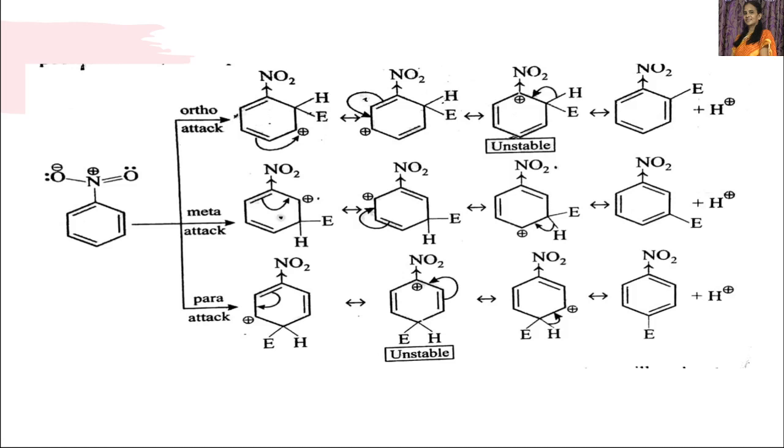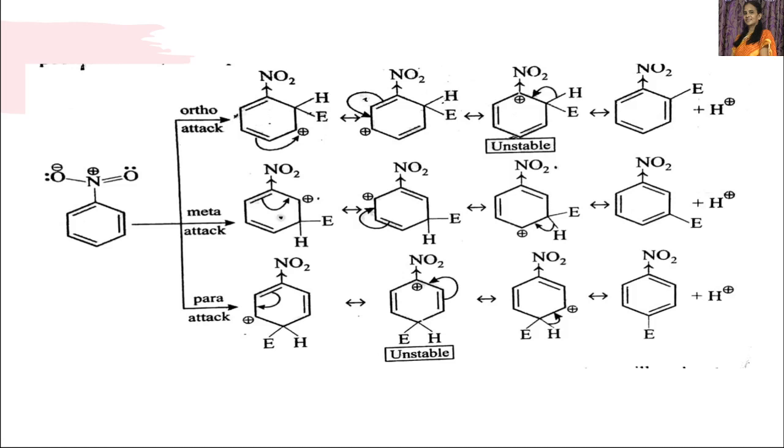You can see here this carbon has the positive charge. In this structure, this carbon has the positive charge, where this is the carbon to which the NO2 group is directly attached. This is an electron attracting group. Therefore, the positive charge on this carbon is increased. Because of that reason, this ion is destabilized or unstable.